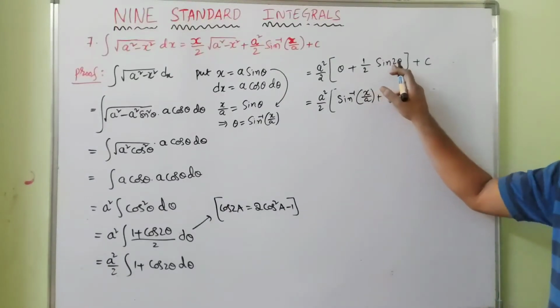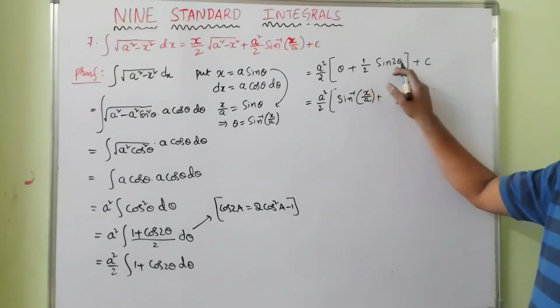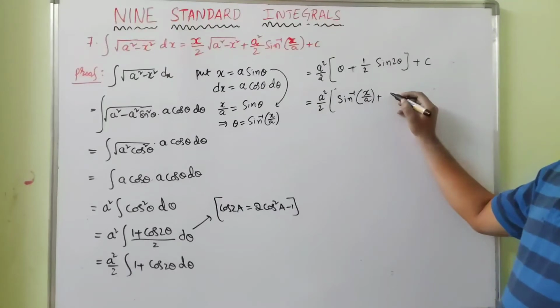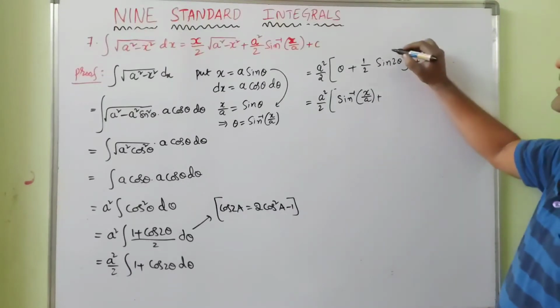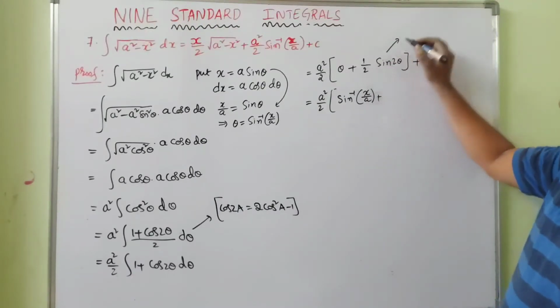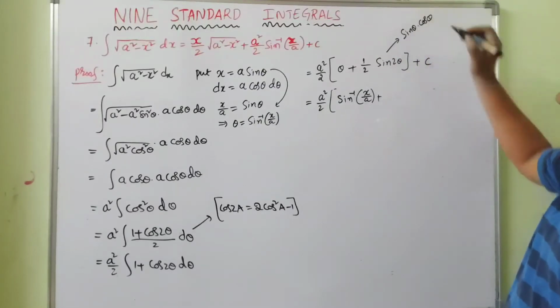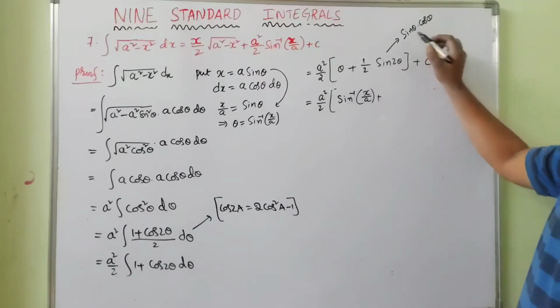Now sin 2 theta formula is 2 sin theta cos theta, 2 gets cancelled, you will get sin theta cos theta. 2 gets cancelled, what you get? Sin theta into cos theta. This is sin theta.